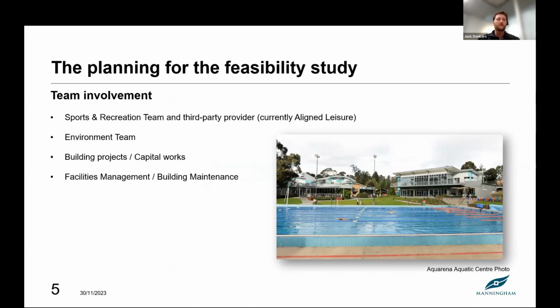So who we went to was, first of all, our sports and recreation team and third party provider who facilitates the building.